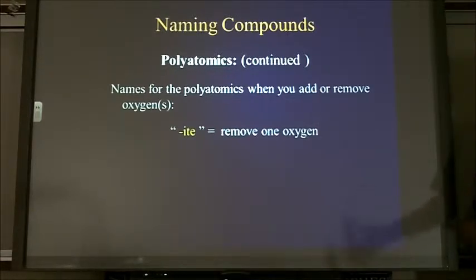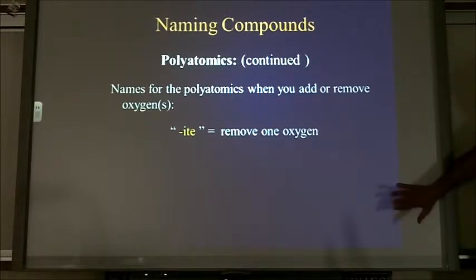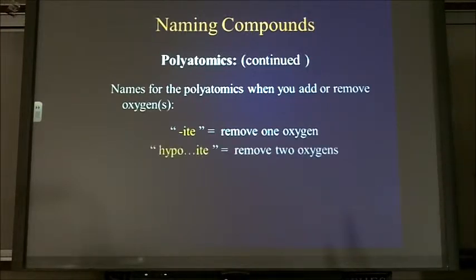If it ends in ATE and you take an oxygen away, it now ends in ITE, and the charge doesn't change. If you remove two oxygens, you still have the ITE ending, but you put hypo in front. In the opposite direction, if we add an oxygen, you leave your polyatomic as is and put the prefix per.